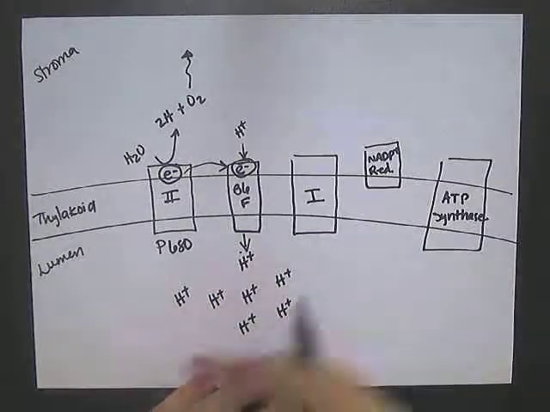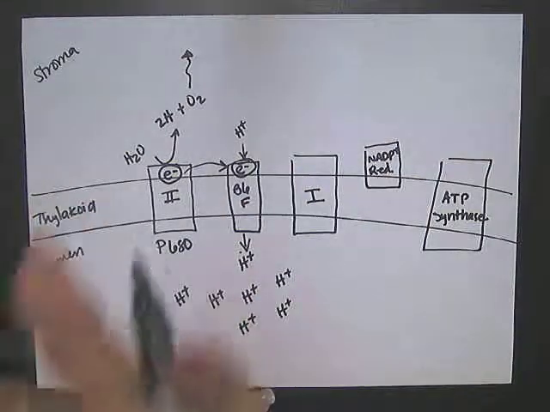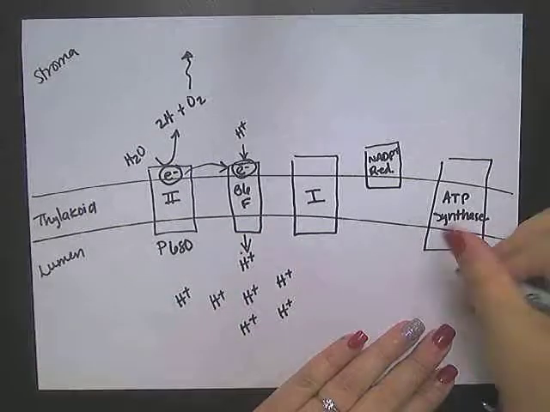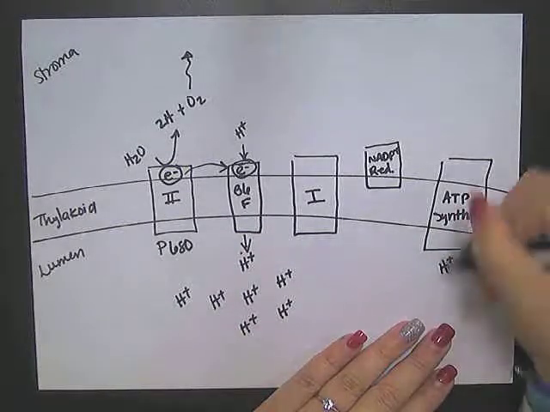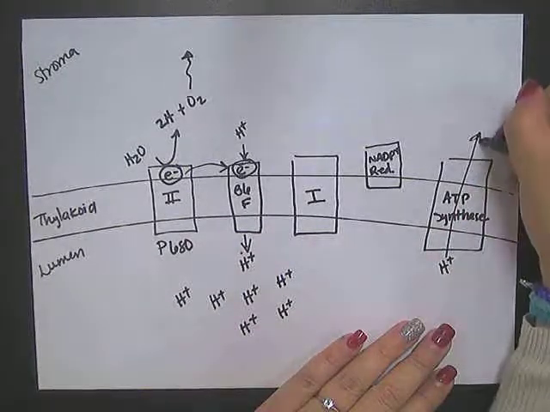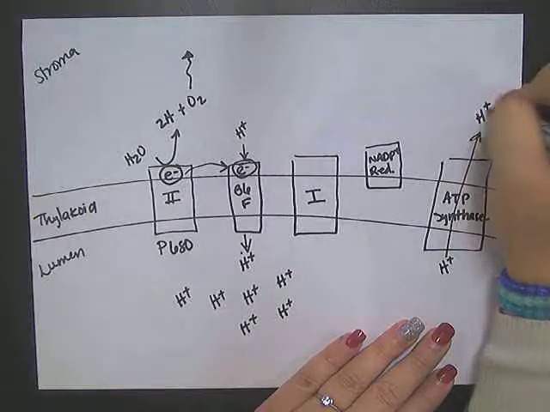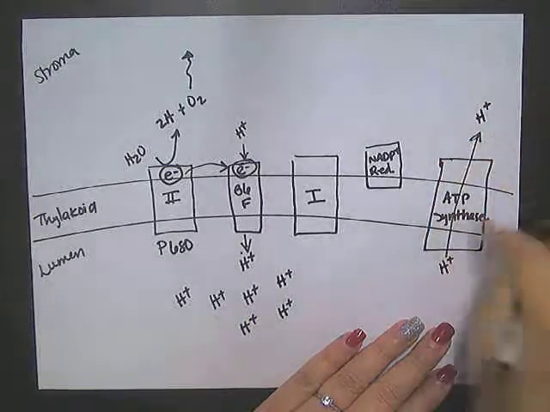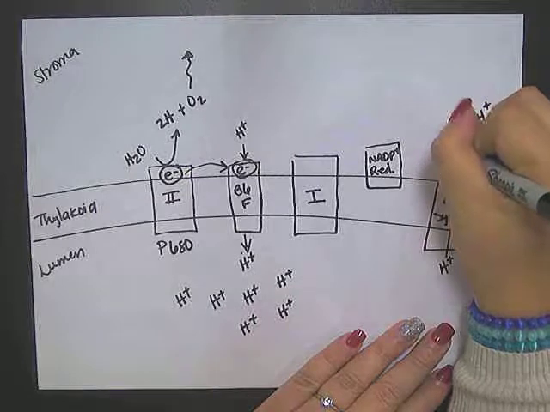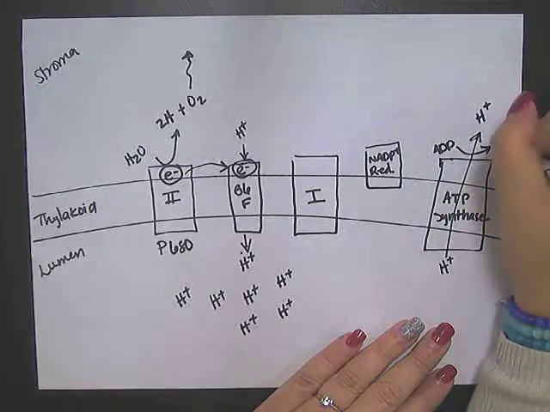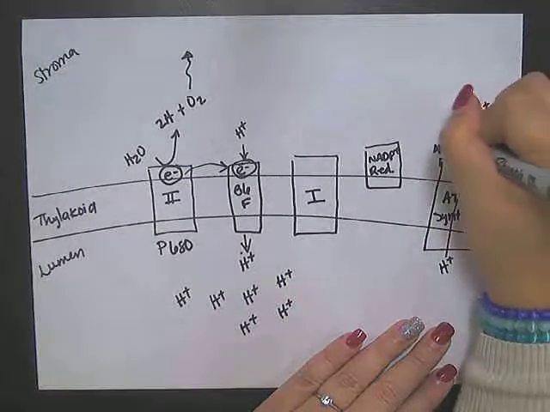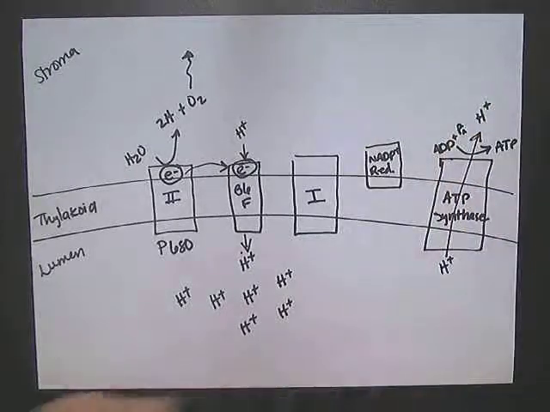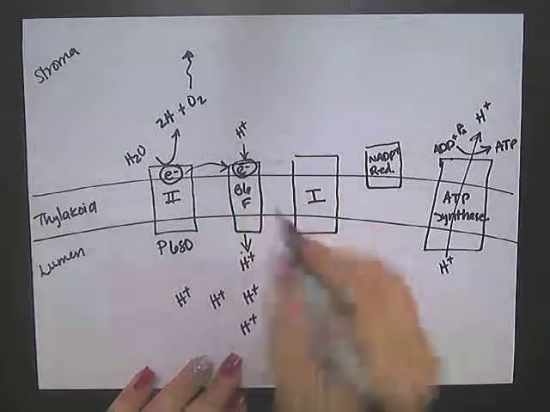Hydrogen will not be able to exit or go down its concentration gradient unless it travels through ATP synthase from the lumen into the stroma, and as it's moving, ATP synthase is going to phosphorylate ADP into ATP, and this is with the addition of inorganic phosphate. So it's that proton motive force that's going to provide the energy for phosphorylation of ATP.